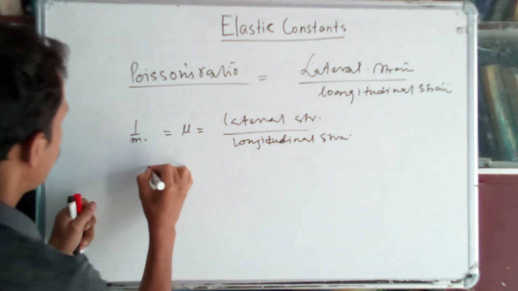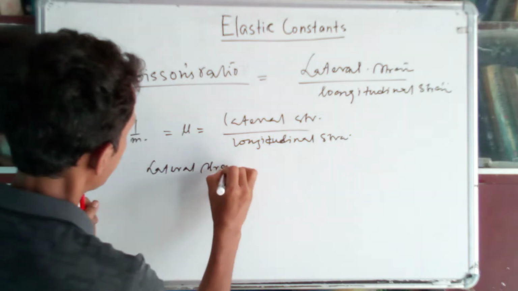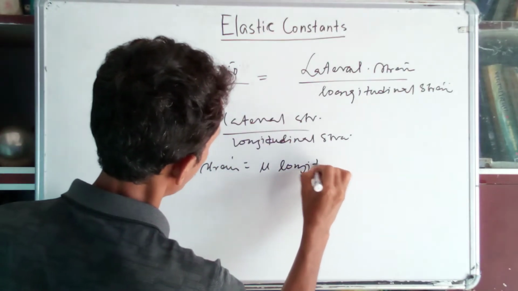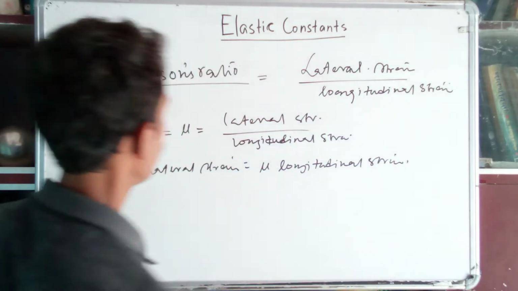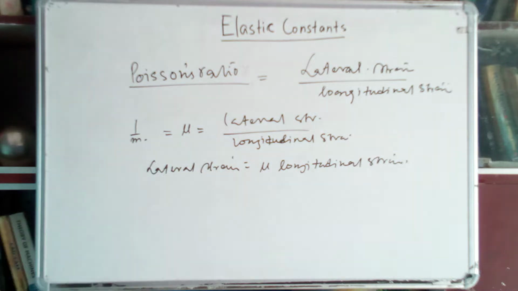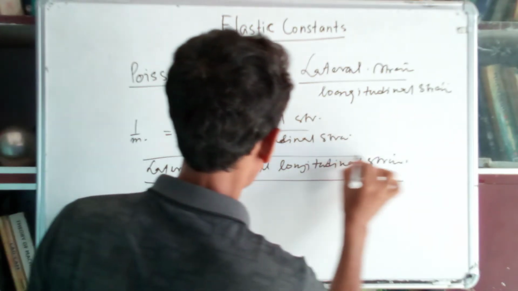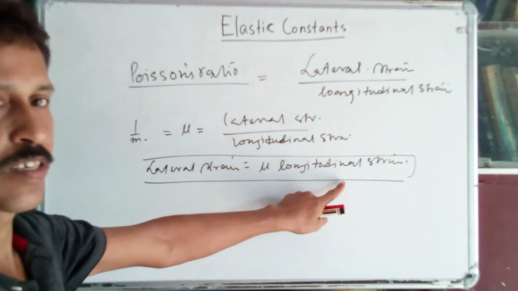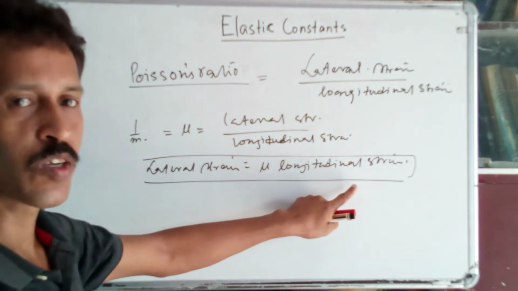So we can say lateral strain is equal to mu into longitudinal strain. Now lateral strain is opposite to the longitudinal strain.